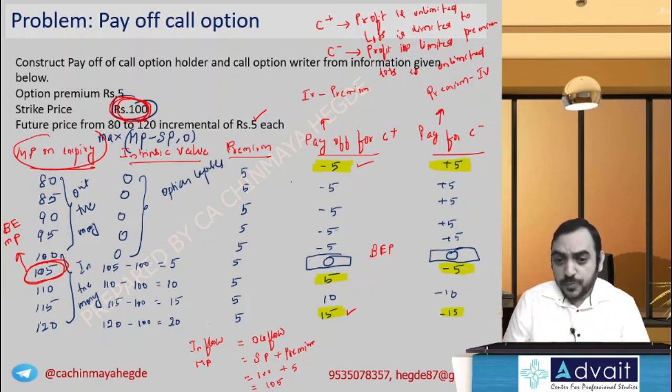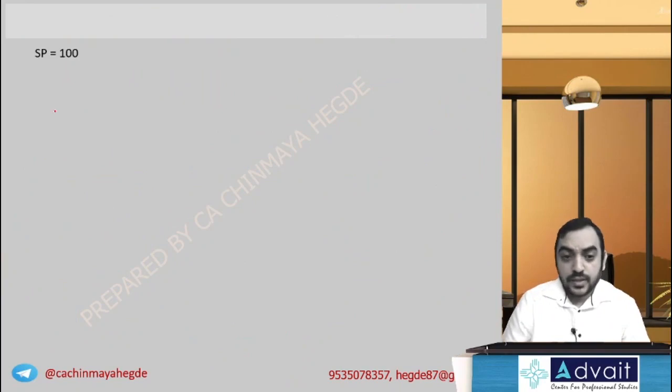So what we do is represent all these things in the form of a graph, so you will be able to understand it better. Let's understand this same thing in the form of a chart. This is called a payoff graph. On the y-axis, I'll have the payoff.